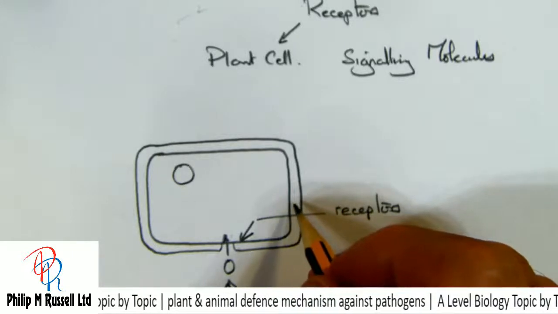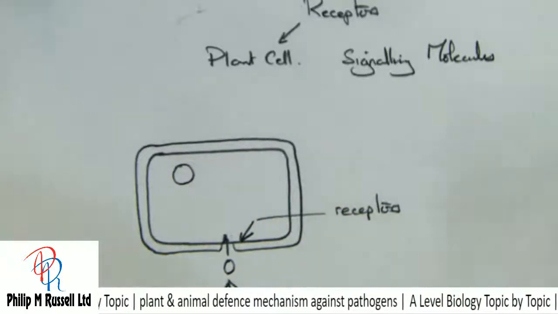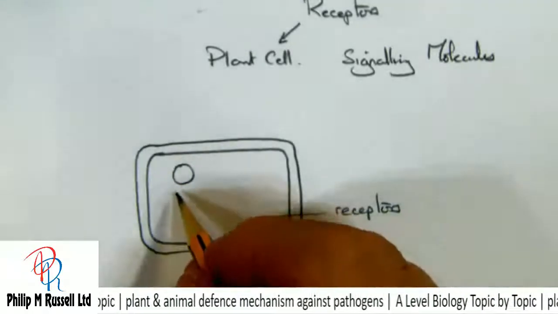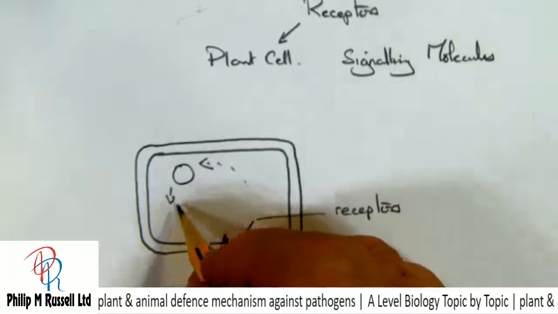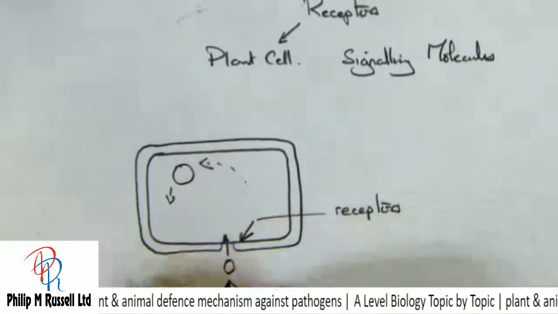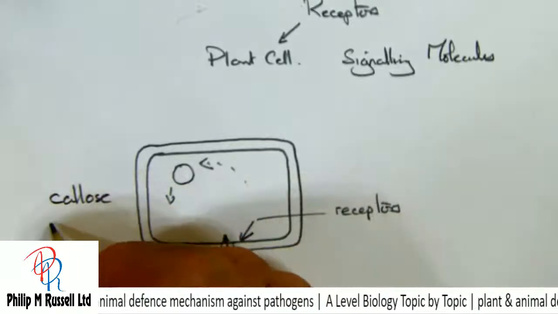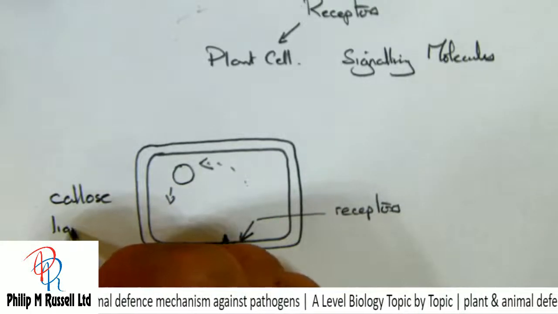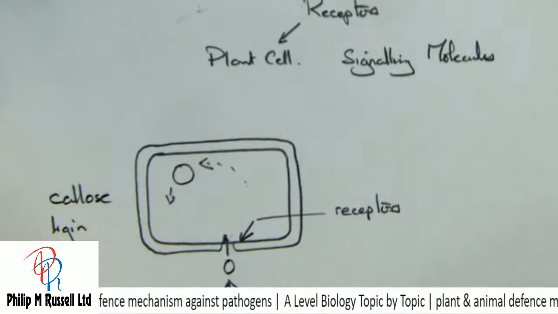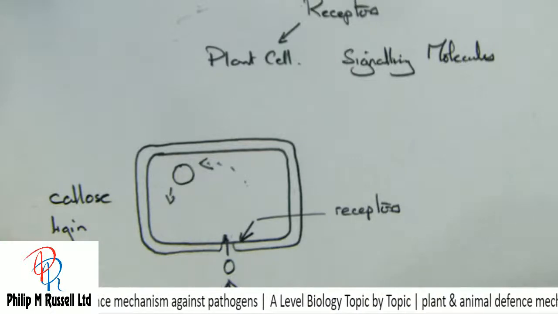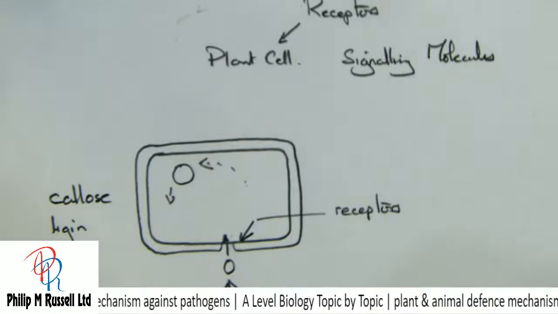So basically this nucleus is going to pick up these messages, and they're going to produce new chemicals, and those are going to be callose and lignin. Now these chemicals are going to strengthen the cell walls to try and make them better.